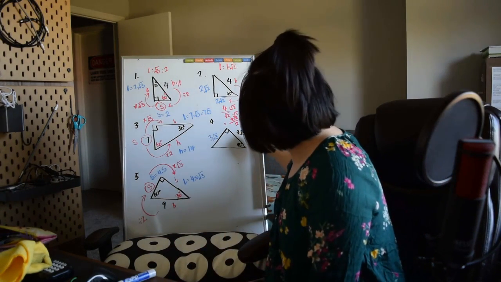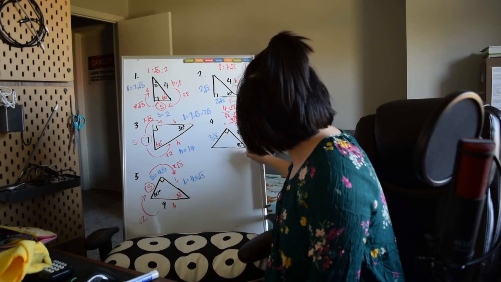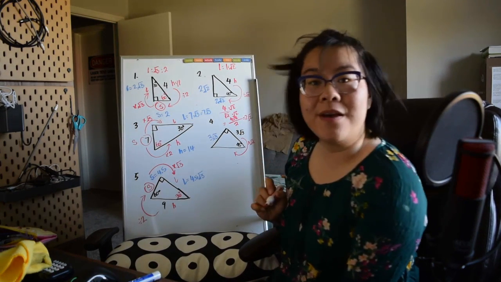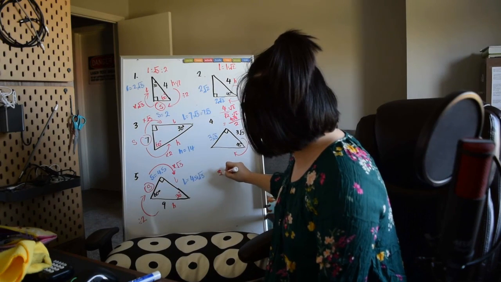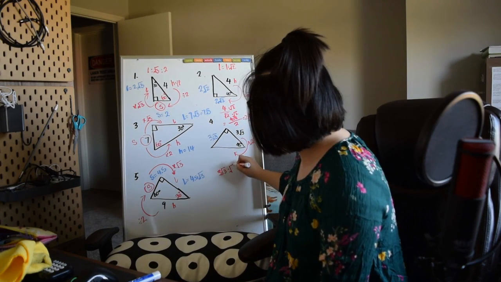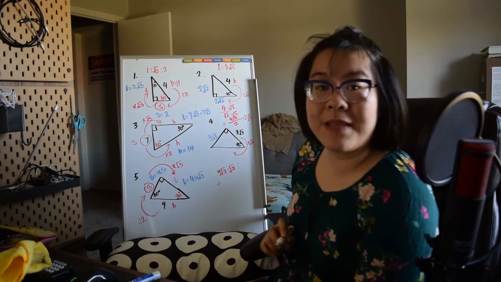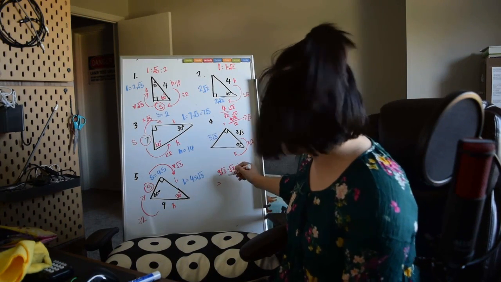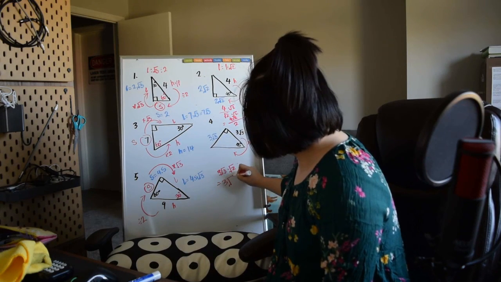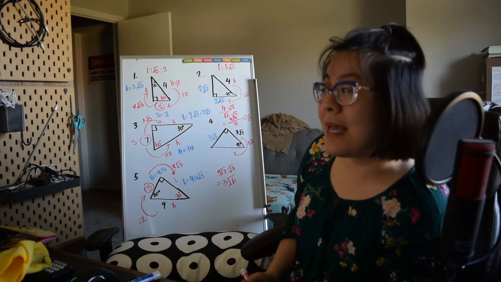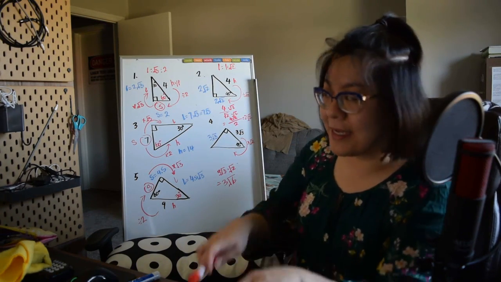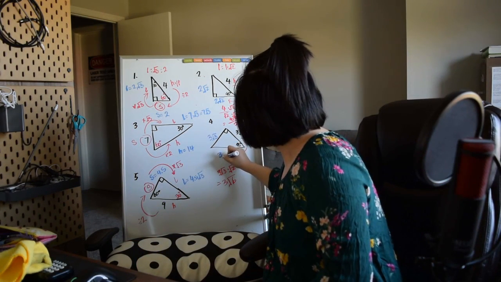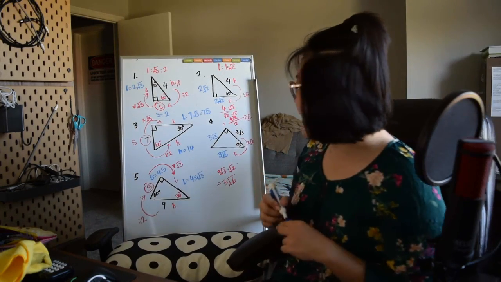From 3 radical 3, we multiply by radical 2. So 3 radical 3 times radical 2. When you multiply, you multiply the numbers inside the square roots together. So 3 radical 6. Radical 6 cannot simplify, so you leave your answer like this. 3 radical 6 is your answer.